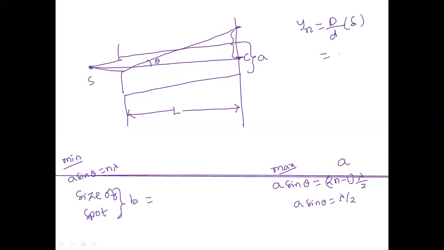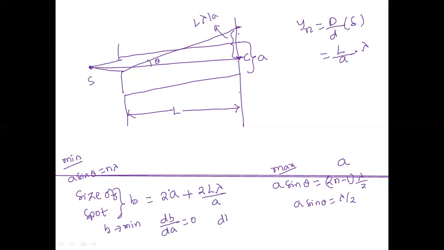Capital D means L and small d means A, and for the first maximum this distance will be L lambda by A. We have above the central fringe and below the central fringe, so we can write B as 2A plus 2 times L lambda by A. For B to be minimum, dB by dA must be 0.